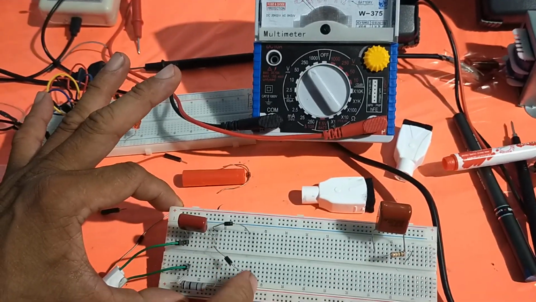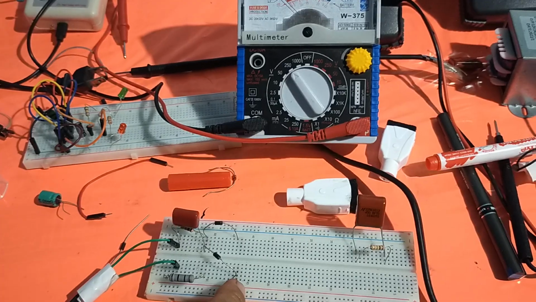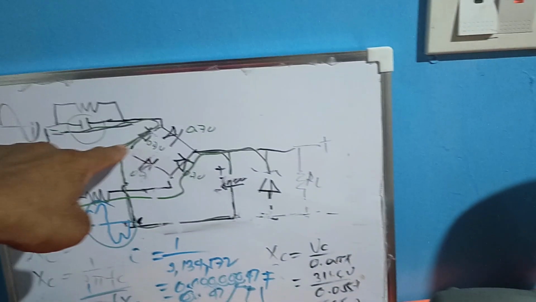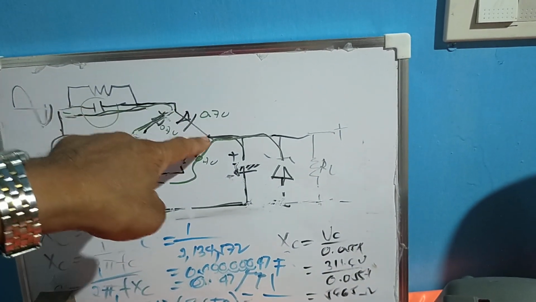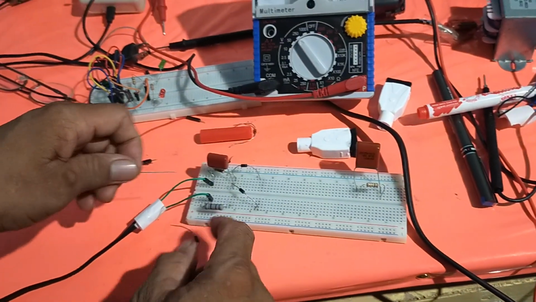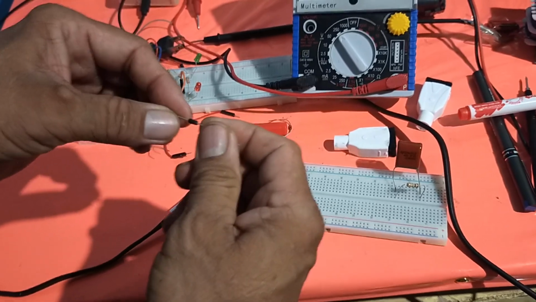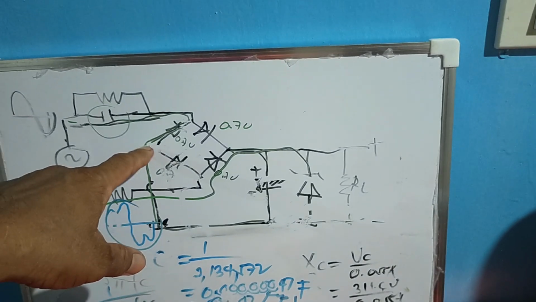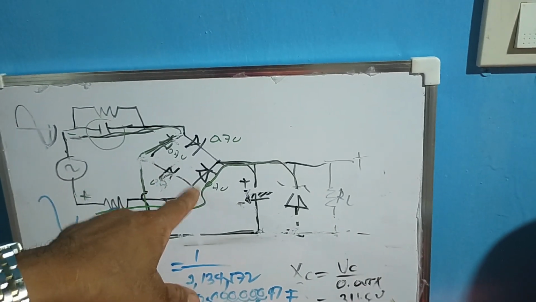Cathode, anode. Anode, cathode. Well, the other line connected to this 100 ohm resistor, the anode is connected to the cathode here.